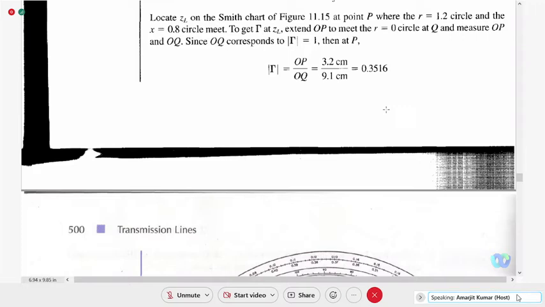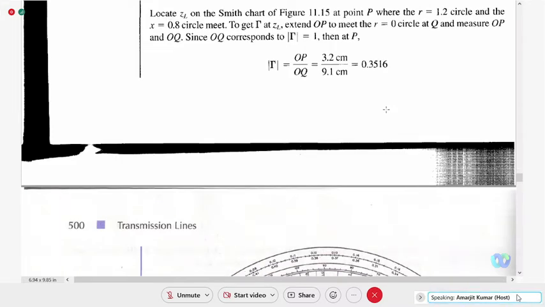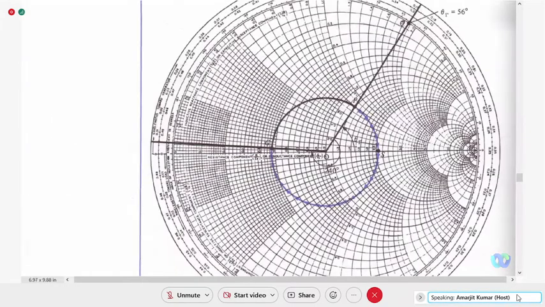The Smith chart result is okay, it will serve the purpose, but it is less accurate than the direct formula. So mod of gamma is 0.3516, but it is easier to calculate without any formula. You can calculate just by locating the load impedance point and measuring OP and OQ.